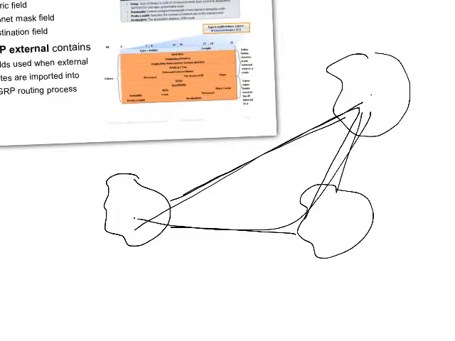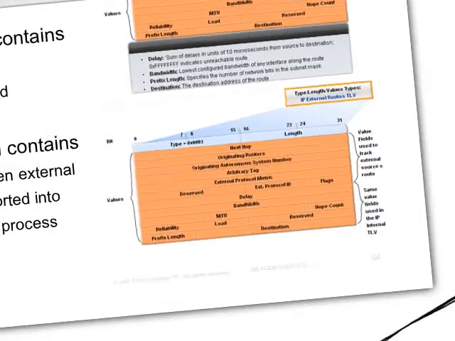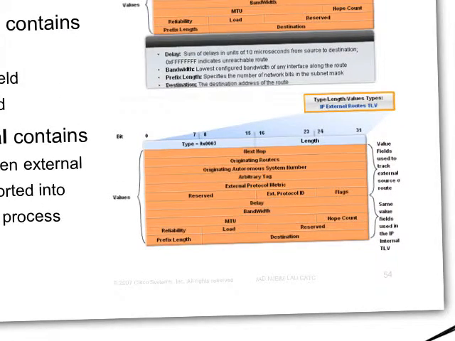It's as if one autonomous system becomes like a router, okay? But then you have to include extra fields such as originating autonomous system number and external metric and stuff like that. In any case, we'll not talk about this a lot.